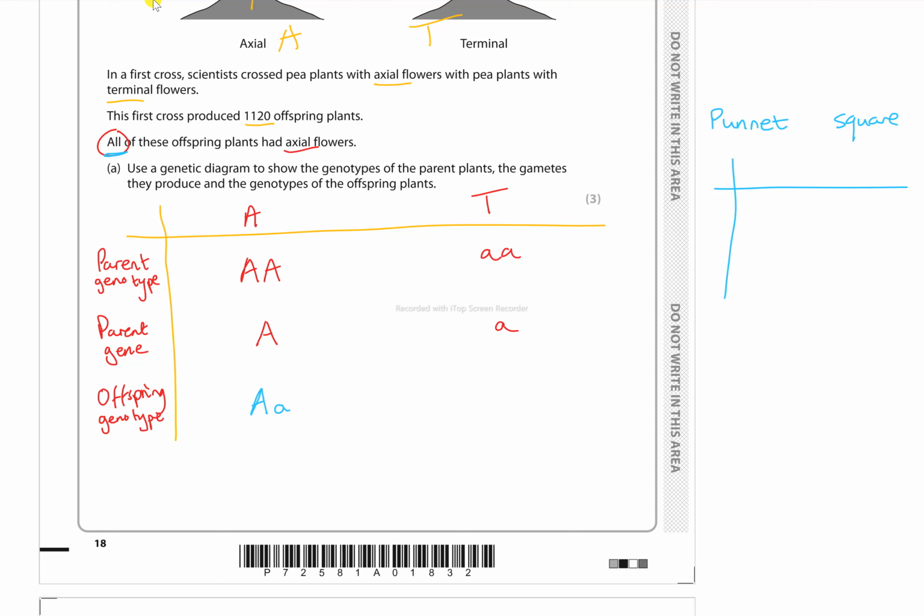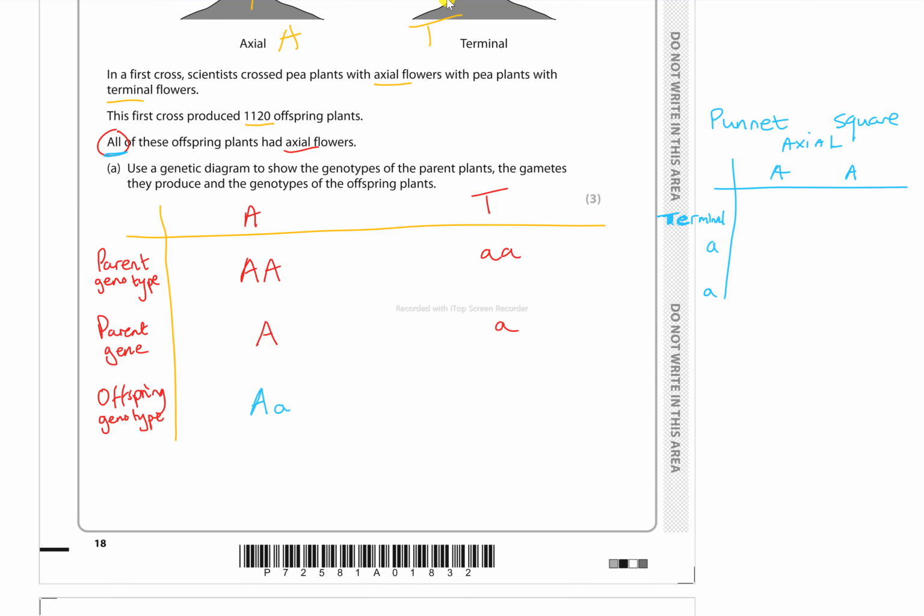So we can call this parent one, which was axial. Axial is capital A, two genes, and this one is terminal, so you've got little a and little a.